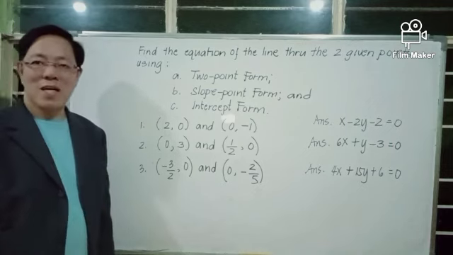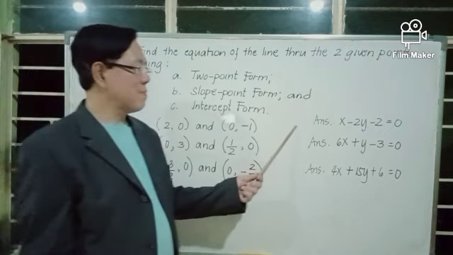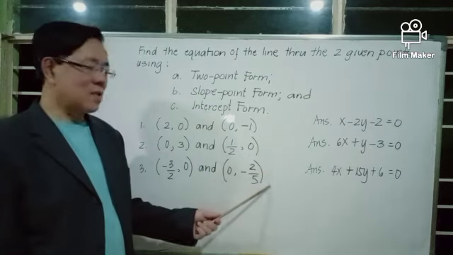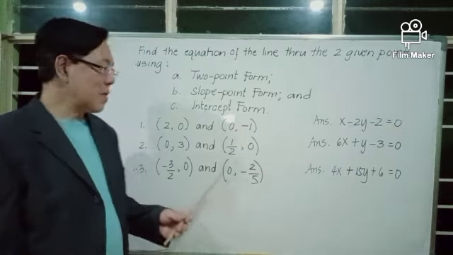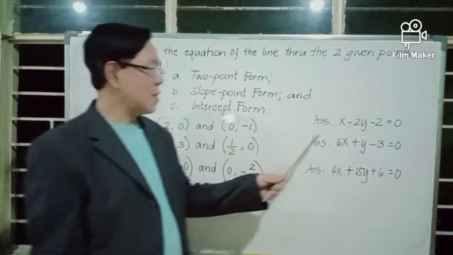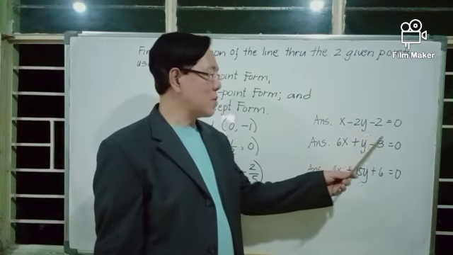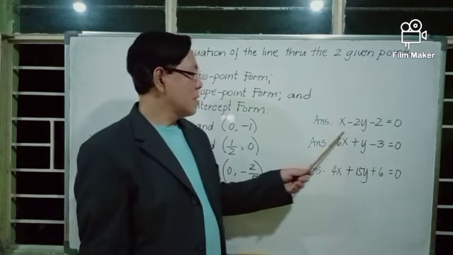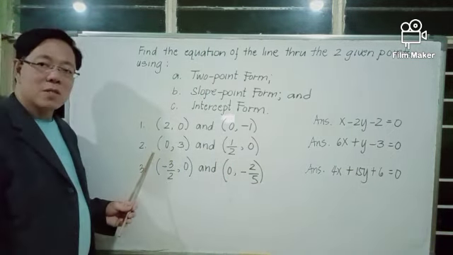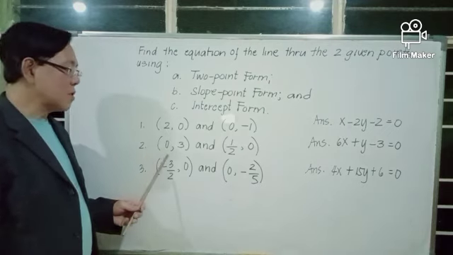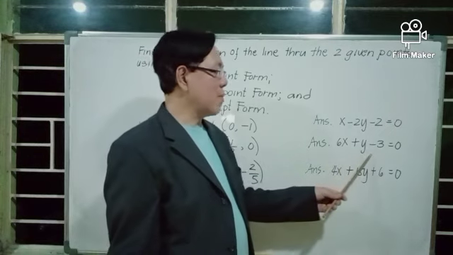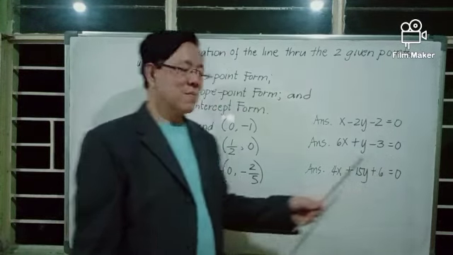And for you to check your answers, I give you the answers for these problems. The equation of the line passing through the 2 points in number 1 is x minus 2y minus 2 equals 0. The equation of the line passing through the two given points in number 2, (0, 3) and (1/2, 0), is 6x plus y minus 3 equals 0.